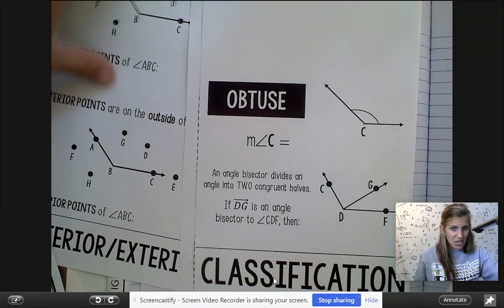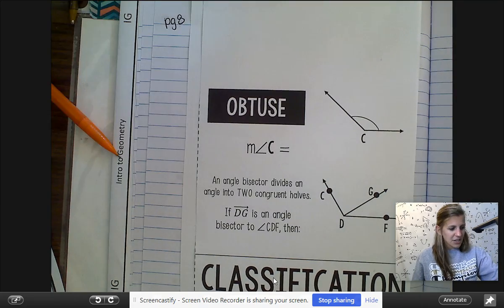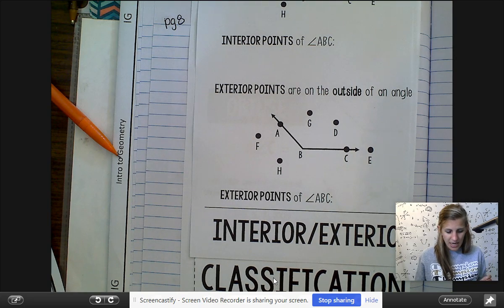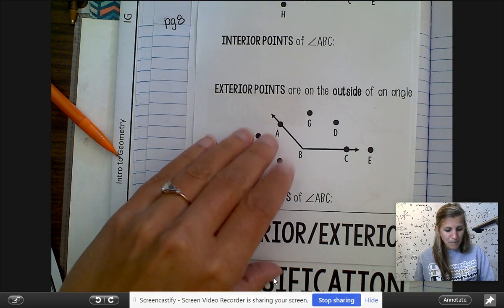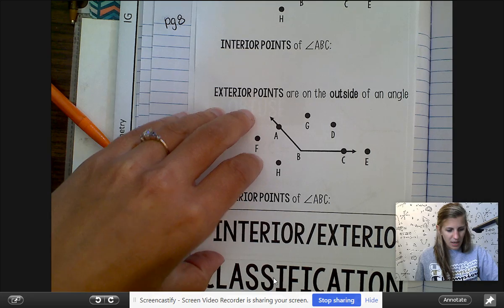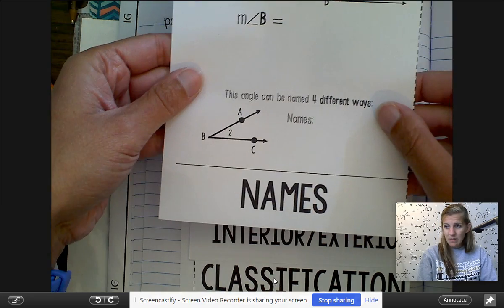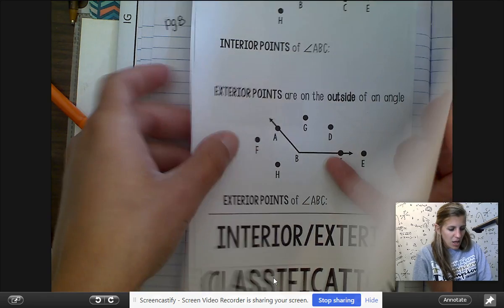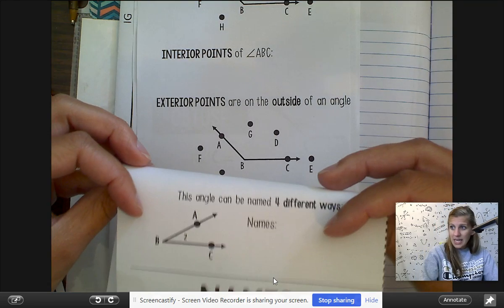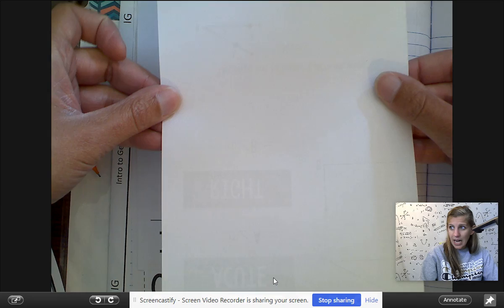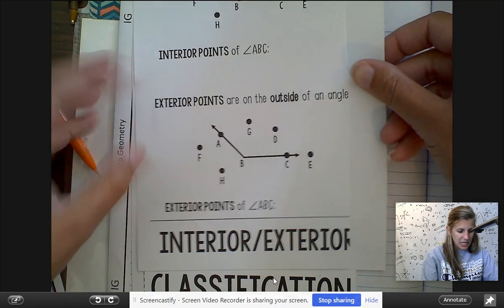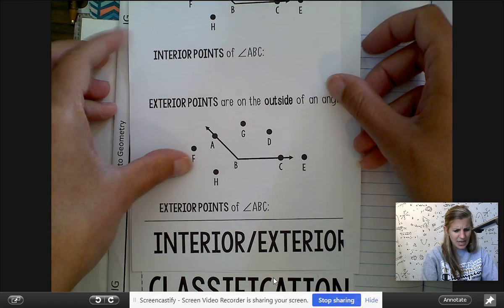And then next, the one that says interior, exterior can go right above that word classification. But I actually need to put the one with names under it. So this is kind of weird. But with the one that says names upside down, I need to slide that under interior and exterior. I'm so sorry, that's so confusing.